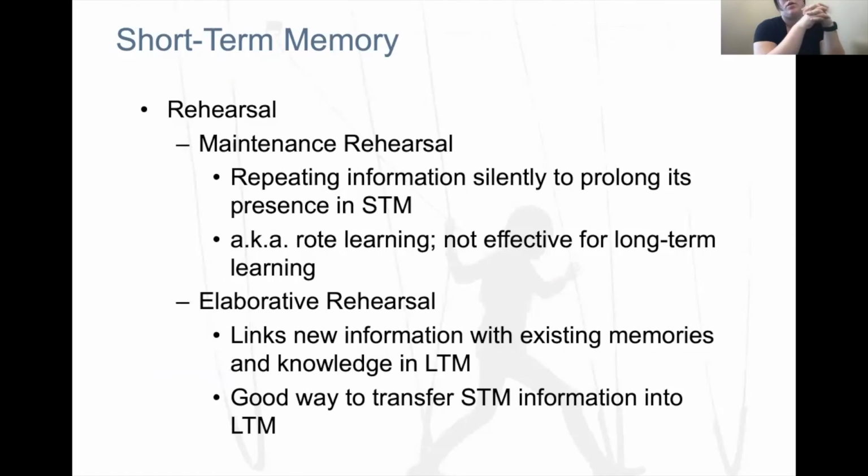Rehearsal. So rehearsal, we've talked about this, I like to connect it back to studying. This can also be like practice. You have two different kinds. You have maintenance rehearsal and elaborative rehearsal. Maintenance rehearsal is repeating information silently to prolong its presence in your short-term memory.